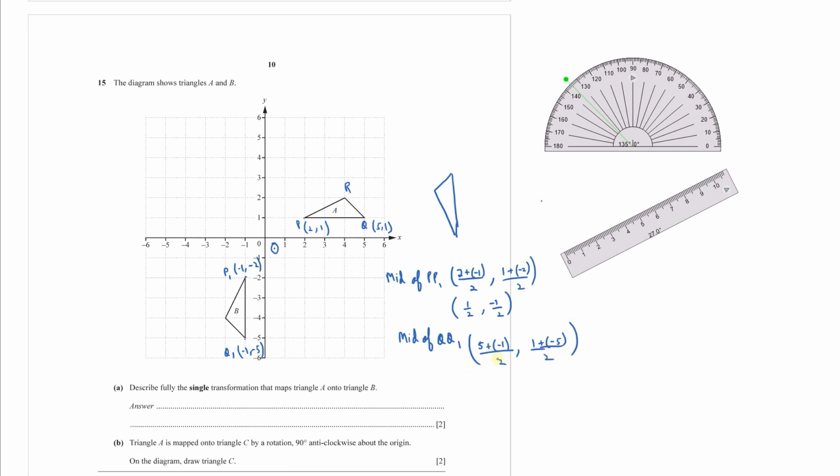So 5 minus 1 is 4, 4 divided by 2 is 2, and 1 minus 5 is -4, -4 divided by 2 is -2. So another point on your line of reflection is 2 and -2. And the first point, sorry, was positive 0.5 and negative 0.5.